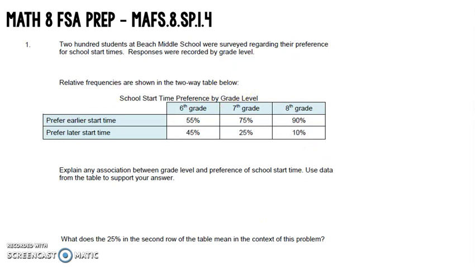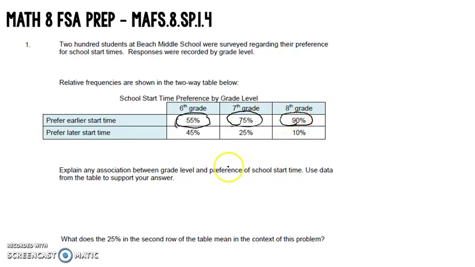So go ahead and look at the table and make some assumptions. What do you see about 6th graders, 7th graders, and 8th graders? Well, 6th graders definitely more preferred an earlier start time. Okay, but it was kind of almost 50-50. 7th grade also prefers an earlier start time, but this is like 75-20, so a lot more of them prefer.